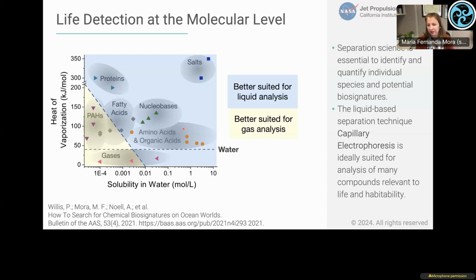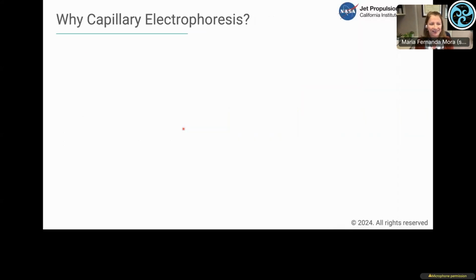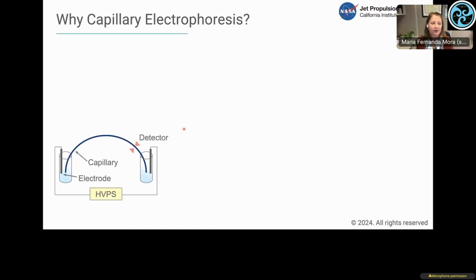And we focus specifically on capillary electrophoresis, because you can cover a lot of these molecules on this space with this technique. So why do we do capillary electrophoresis? This is a very simple technique, just very briefly. All we need is a capillary tube, 50 microns, typically a glass tube, and it's empty.